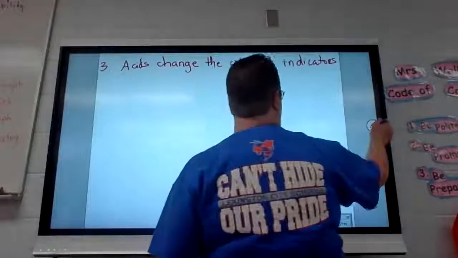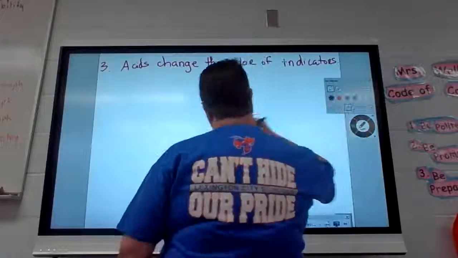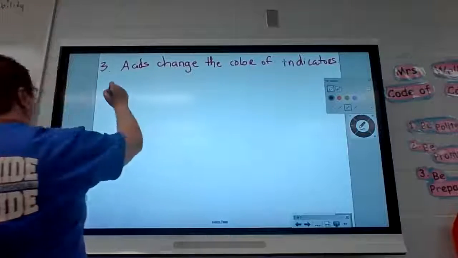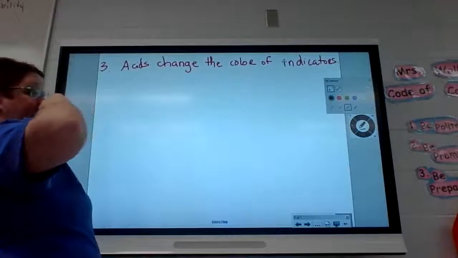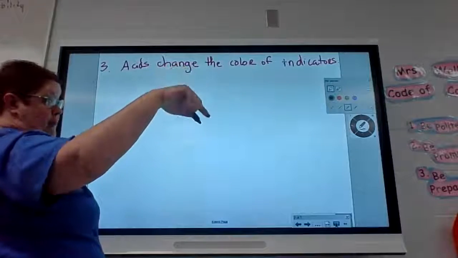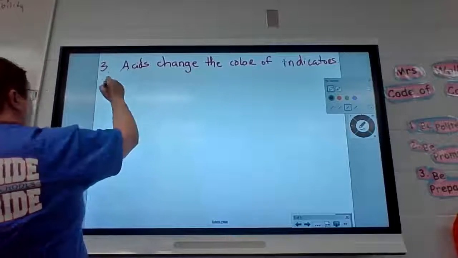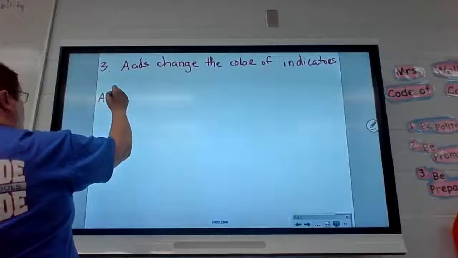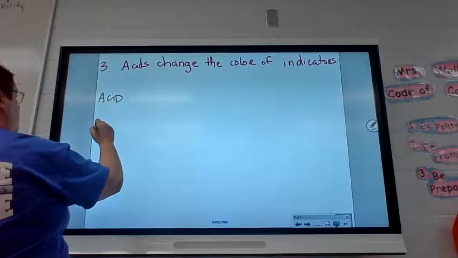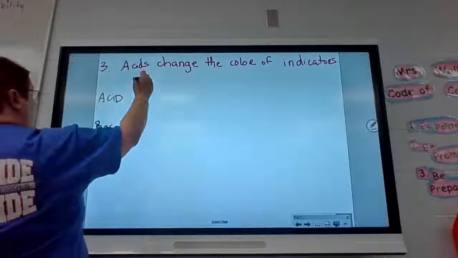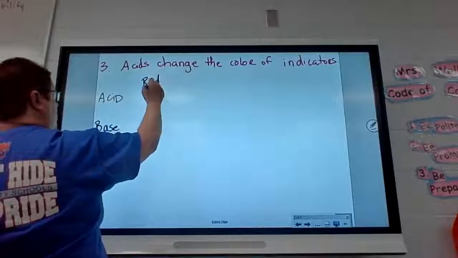The nice part is 3 of them do the same thing. I'm going to do acids and bases together here and make one chart, because number 3 for bases is the exact same property. So we're going to talk about red litmus.